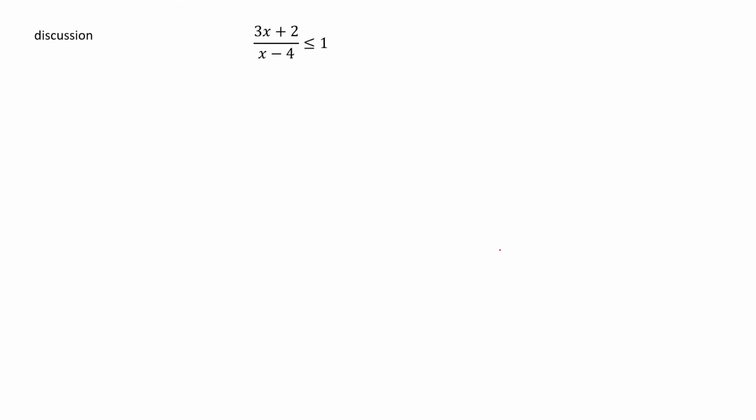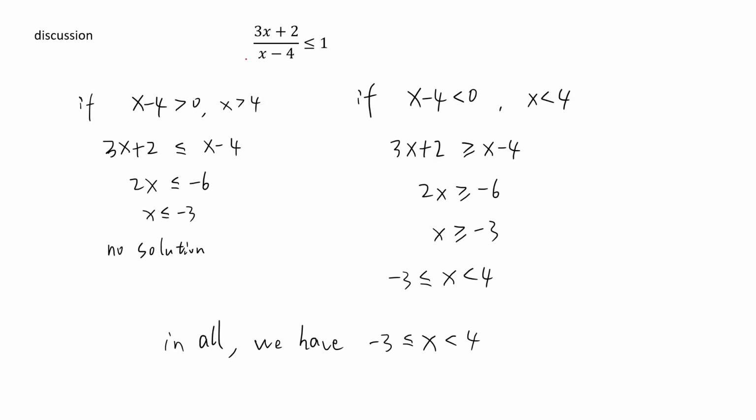And finally, we can discuss and give an example of a rational inequality. In this one, we have to do some case discussion, because our natural first step will be to multiply by x minus 4 on the other side, right?